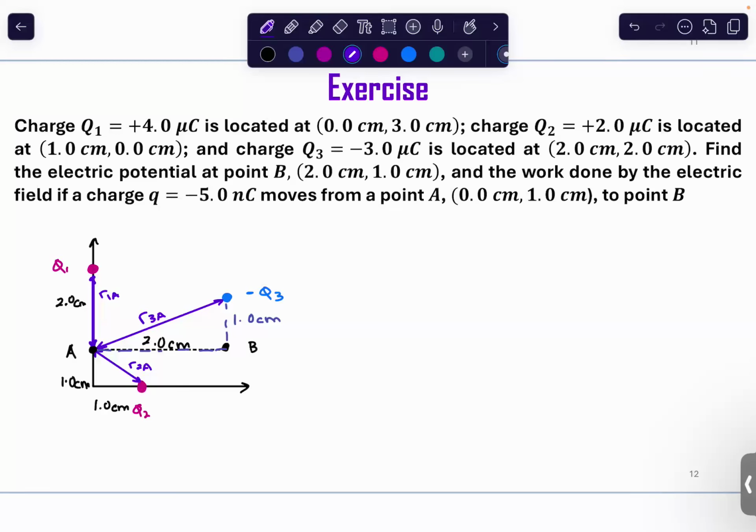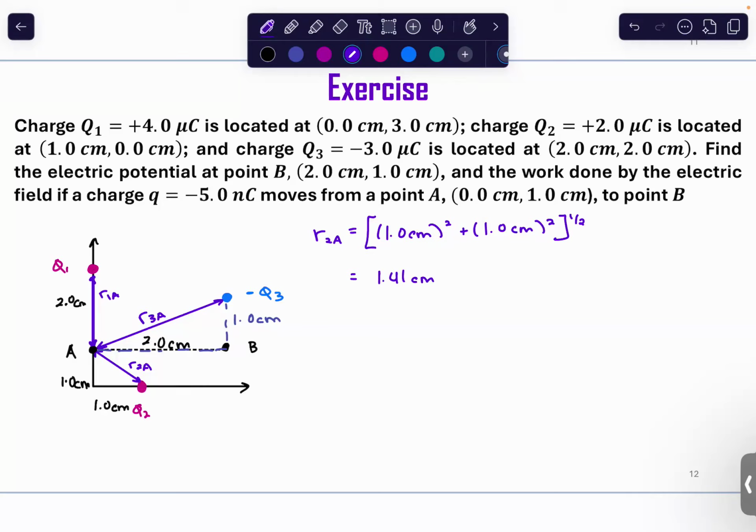All right, so we need to find these distances between the charges and point A. Don't fall for the trap on that one.